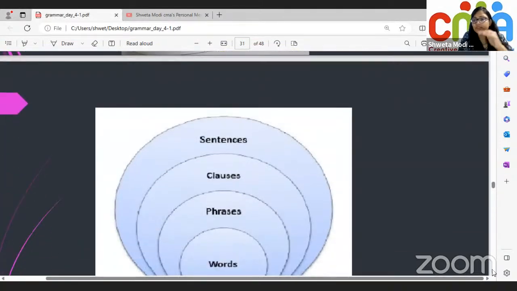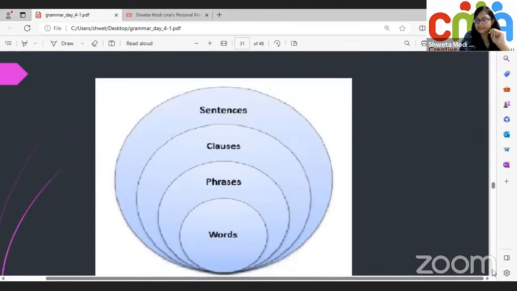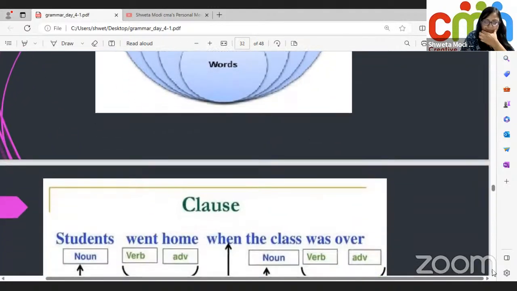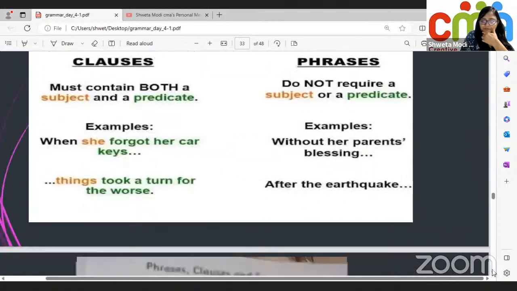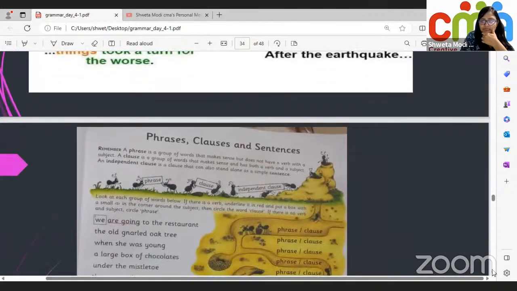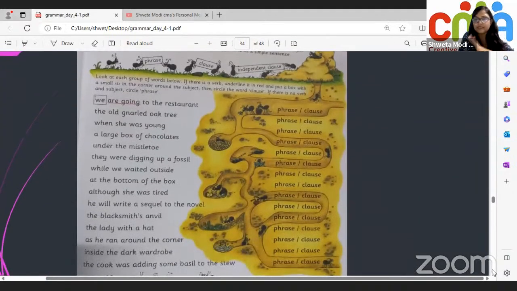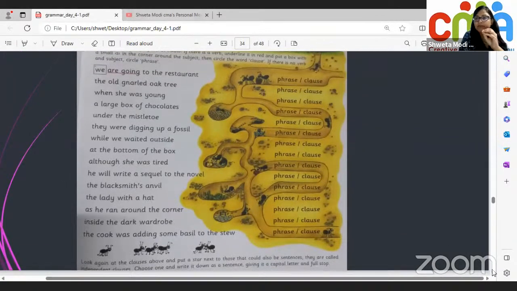So with words we form phrases. Many words make phrases, many phrases make a clause. And when there is more than one clause, and these clauses are joined together, that makes sentences. I'll directly come to this because it's very easy. But what you have to see is how to differentiate a phrase and a clause.